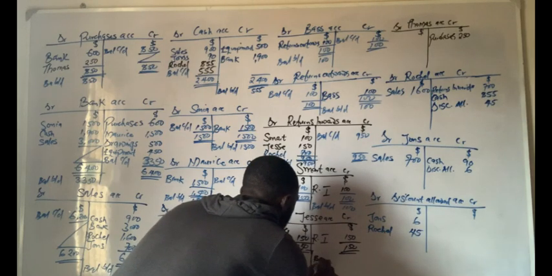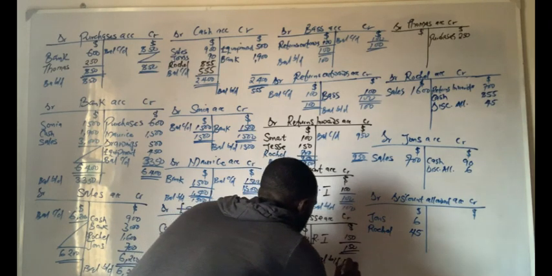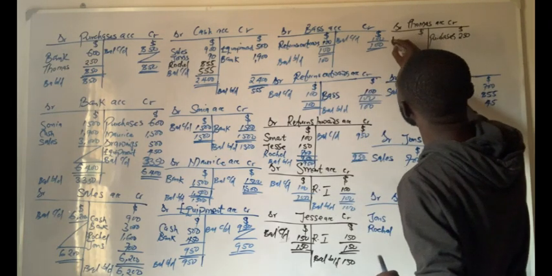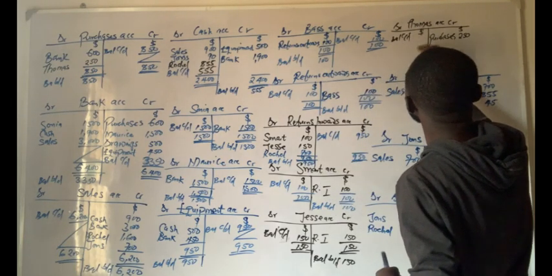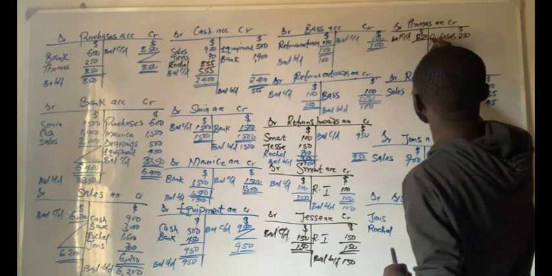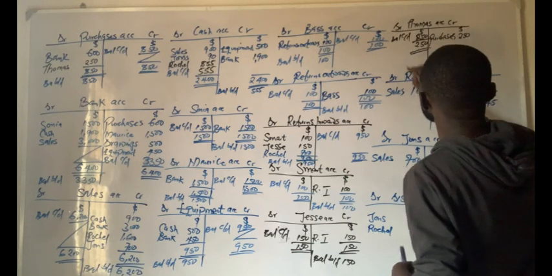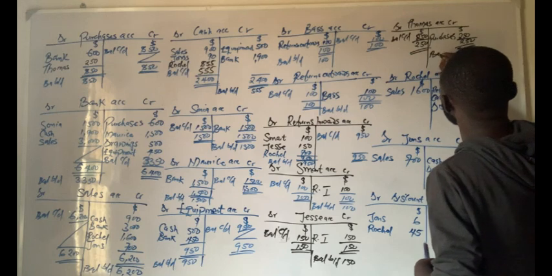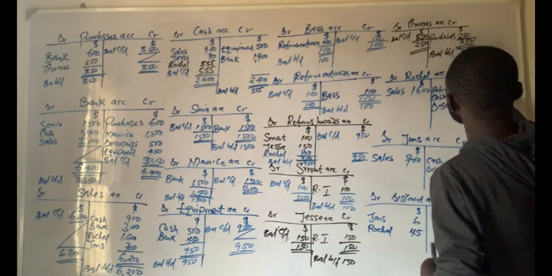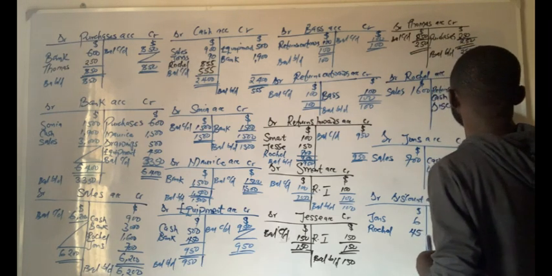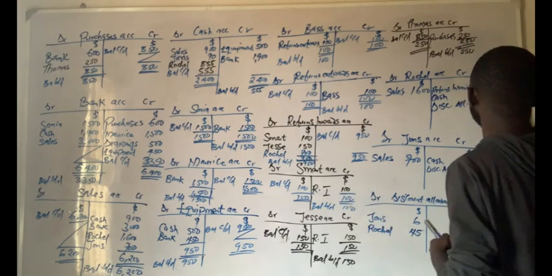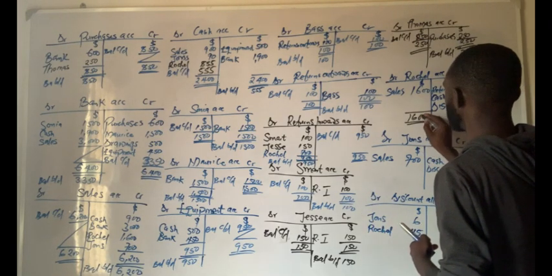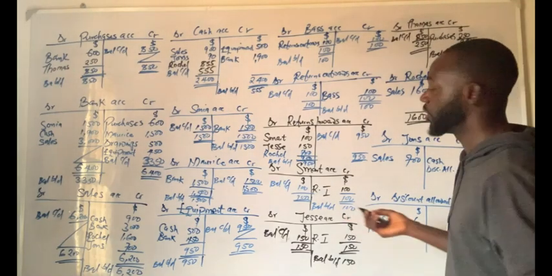So we have balance brought down is 150. So here also we have balance carried down is 250, then 250, and then balance brought down is 250. So if I add up this, I think since they say declare the account, so it should be equal.